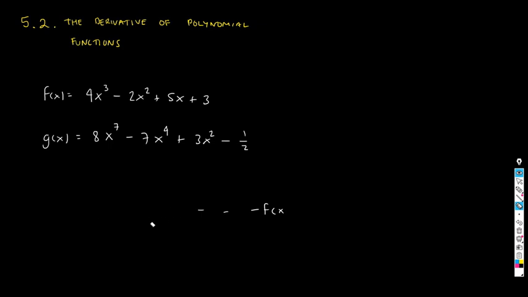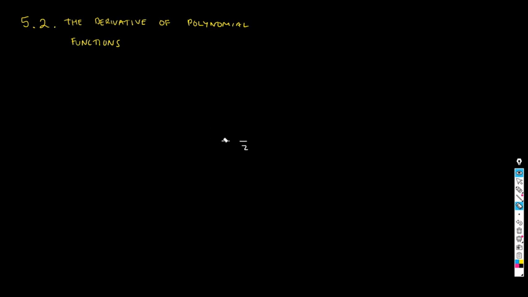Okay, so let's start the analysis. Remember, what we want to do is get the derivative of functions that look like this, polynomial functions. We're going to start in very simple terms. Let's remember that we have already done the work for this function.